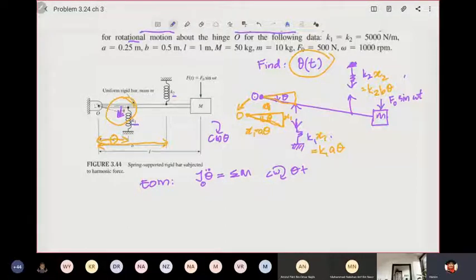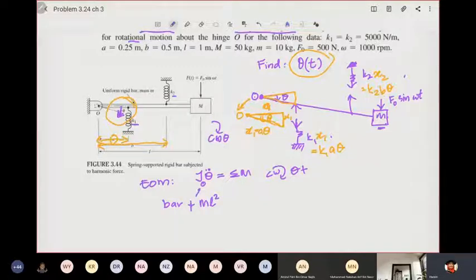One is the mass from the bar, and you also have the end mass here, which, if you write it in terms of moment of inertia, you have to write in terms of m l square.